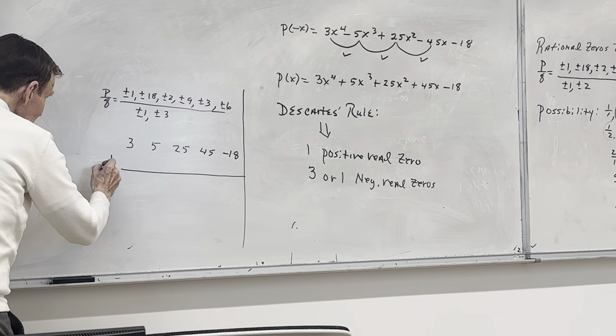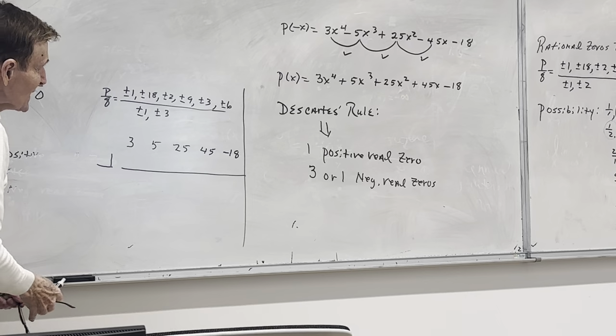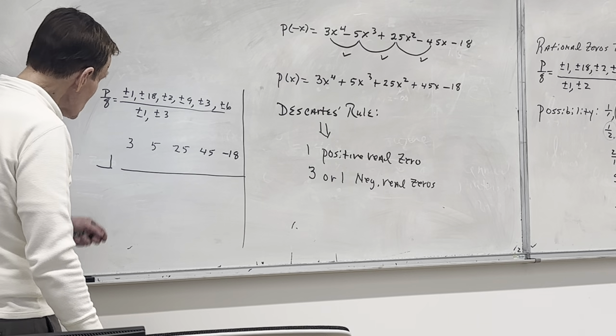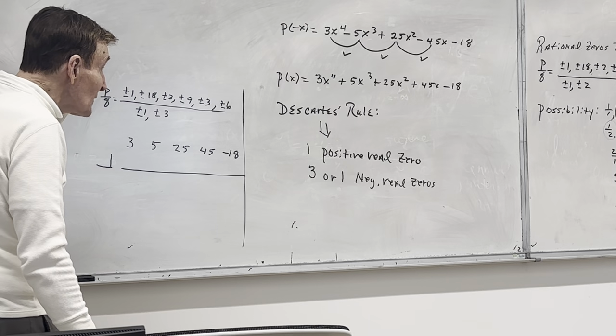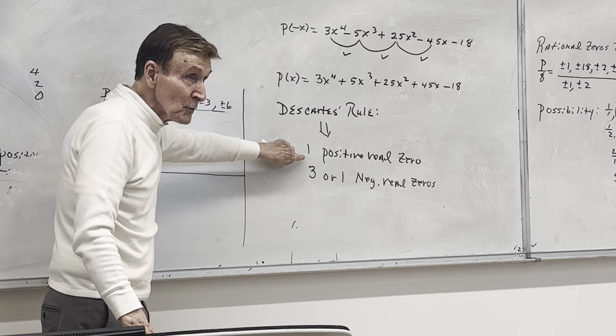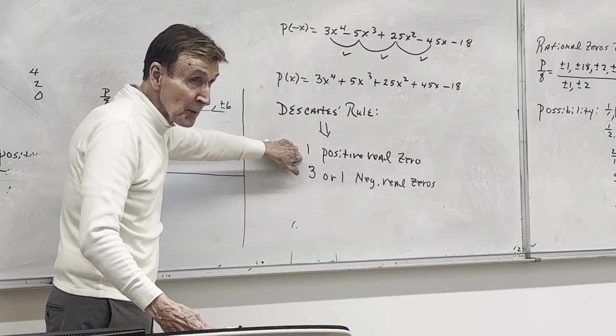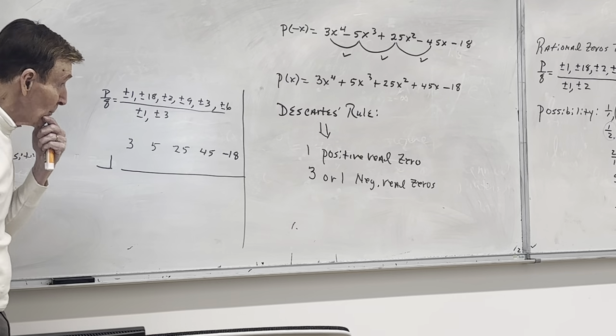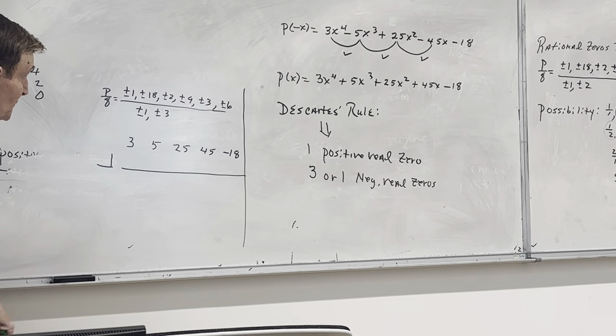Does anyone, without me listing all the possibilities, just by observing, have a number that you think I may want to search for, the positive one first? Because there's 1 positive for sure. Does anyone have a positive possibility that you think might check?